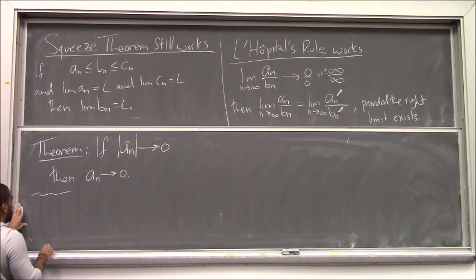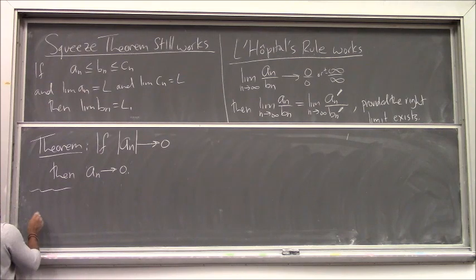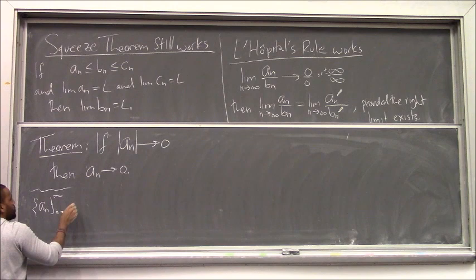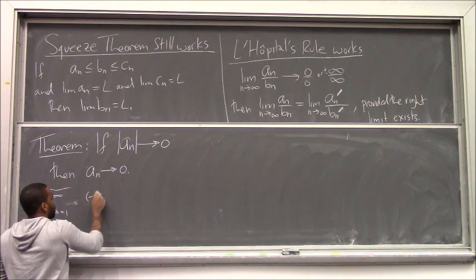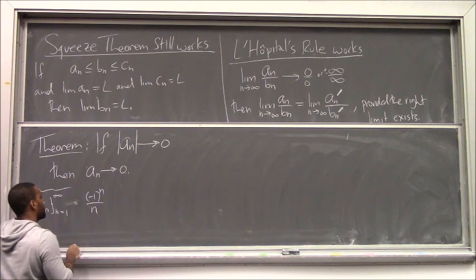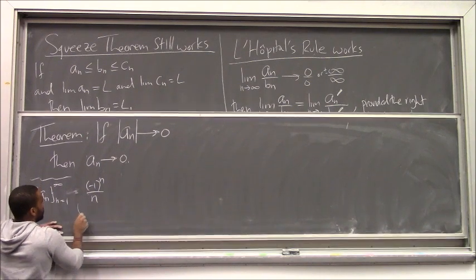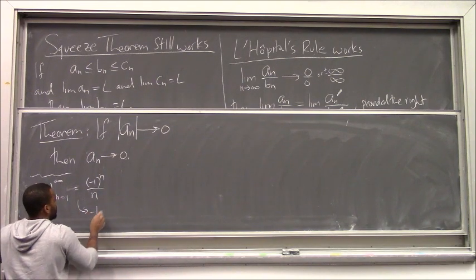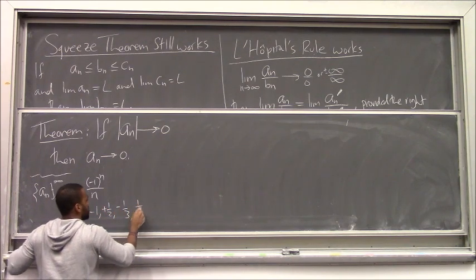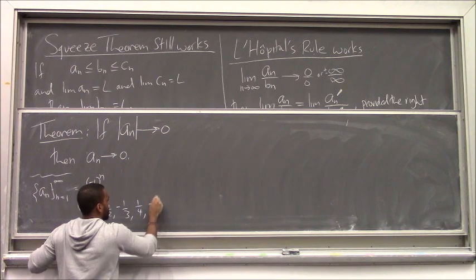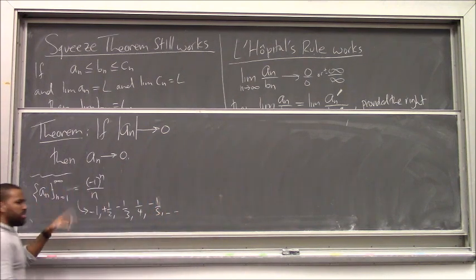A silly example, think of a sequence given by, say, (-1)^n over n, right? So that's just a list that's going to alternate. It's going to give you -1, then plus a half, then minus a third, then plus a fourth, then minus a fifth, etc.